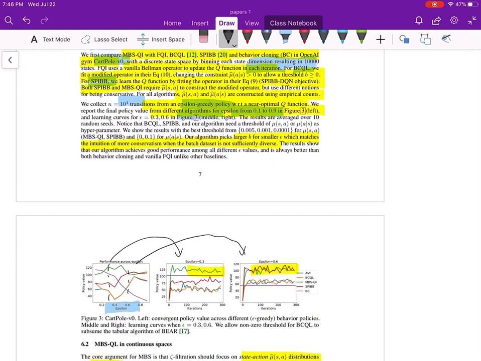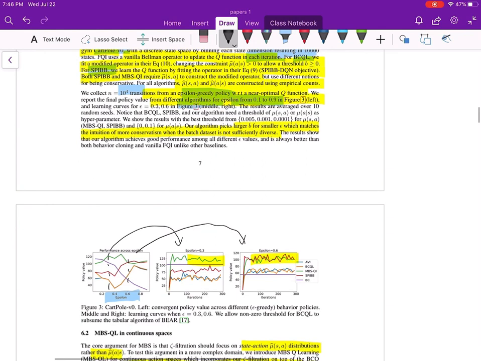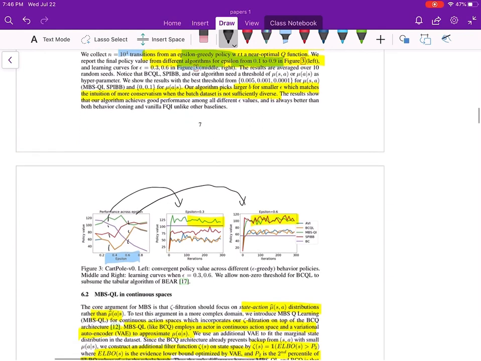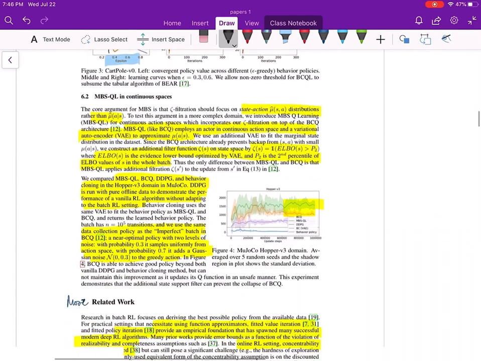Maybe since both are constrained on the Bellman operators, and both are having some kind of policy improvement steps, that might be the reason for this kind of behavior. Yeah, this is just pure speculation. I don't have any clear-cut answer for that.